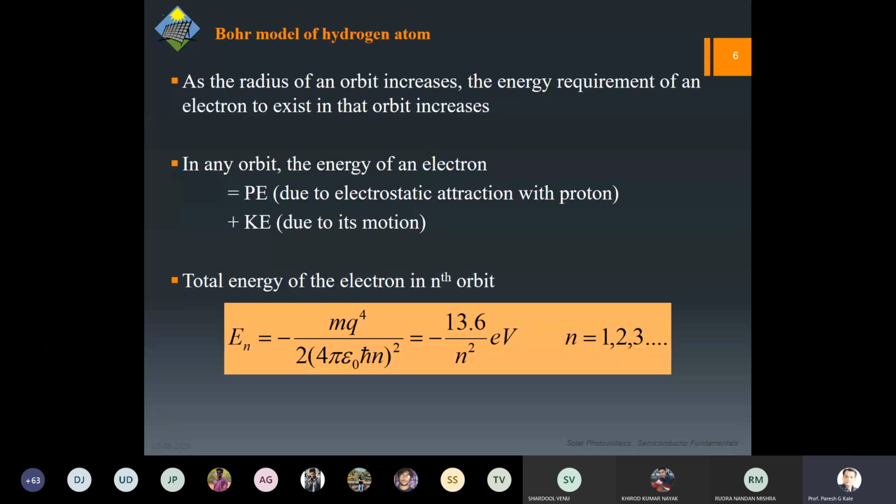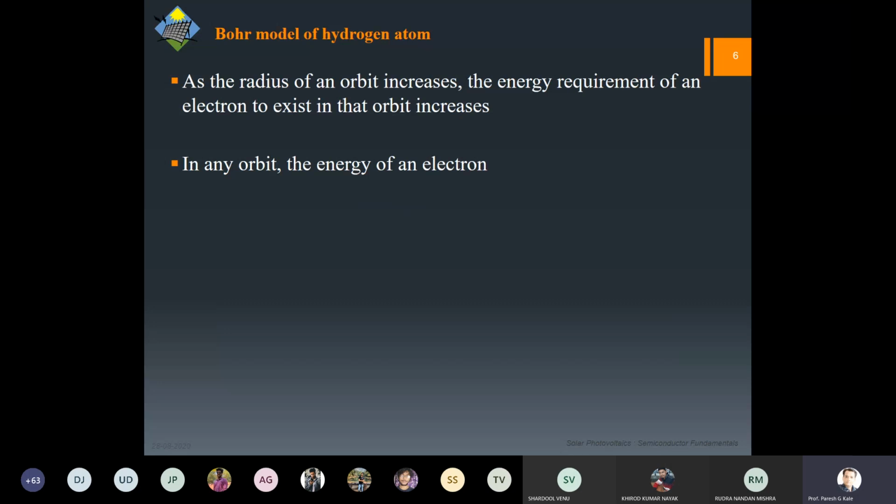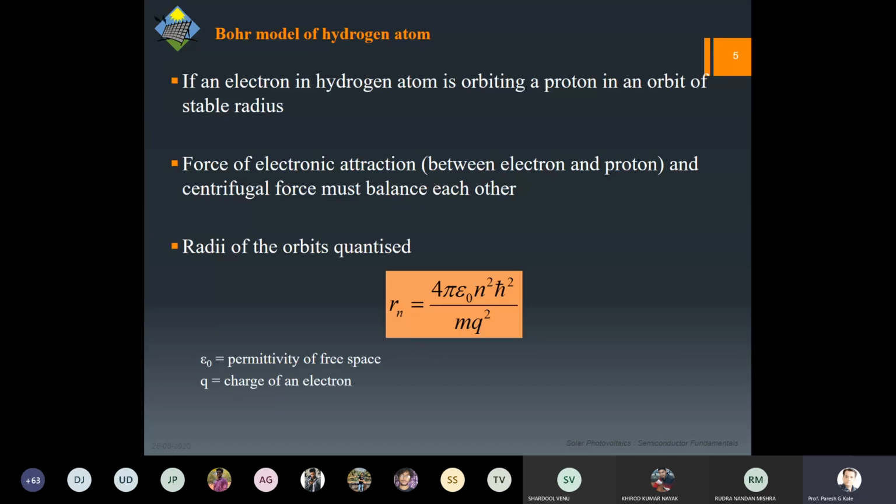However, if the electron is at the outer orbit, then the energy would be relatively low compared to the innermost orbit. So I hope you have written this particular formula, and also you can write down this one just to note down. Whenever I show some formula, better you write it down automatically.